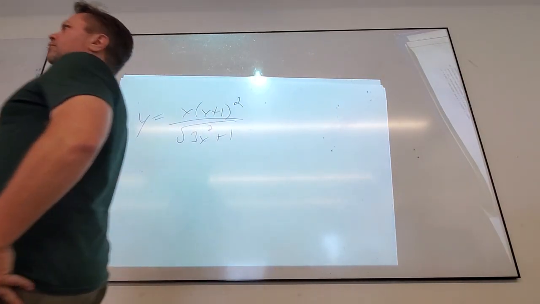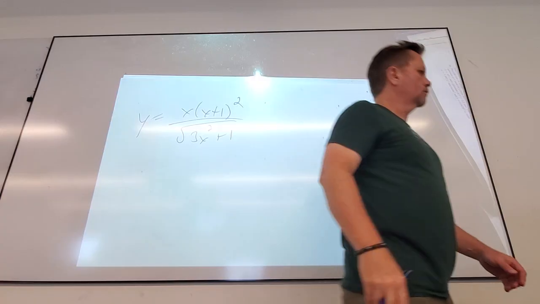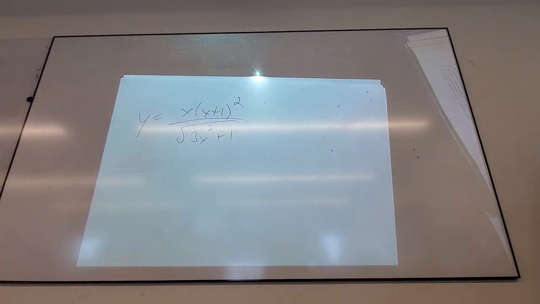What rule would you use if you just had to attack this directly? Close. Well, rewrite. How can you simplify it? Technically, you could rewrite it.